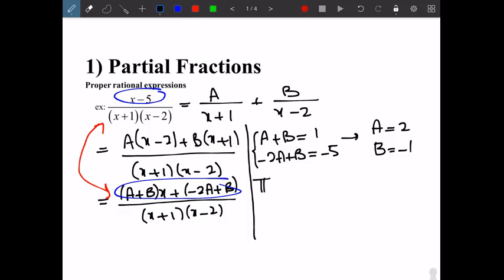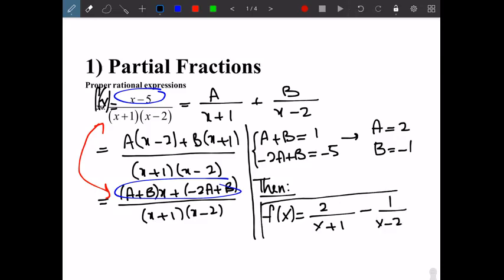So therefore, if we call the expression given f of x, then f of x is in fact the sum of 2 over x plus 1 minus 1 over x minus 2. So this is f of x decomposed into the sum of two partial fractions.